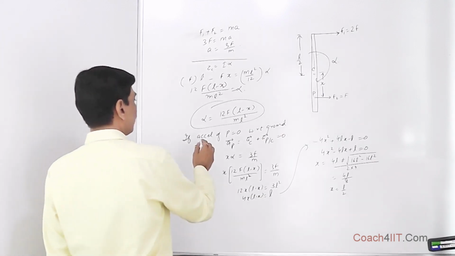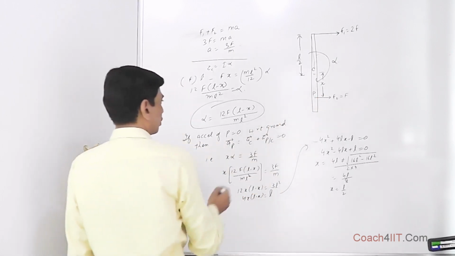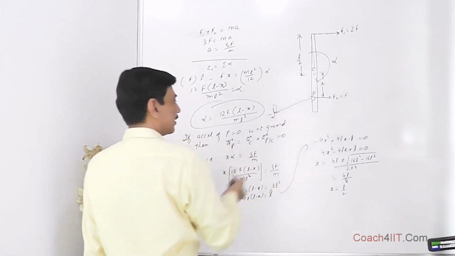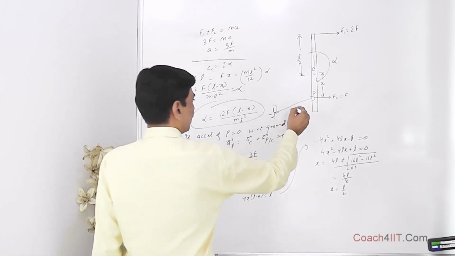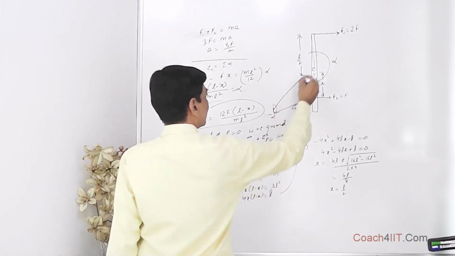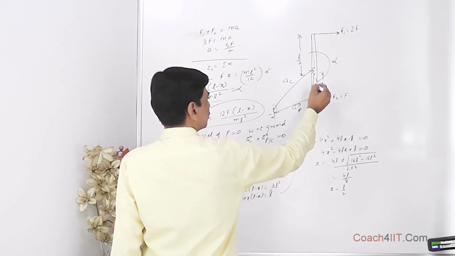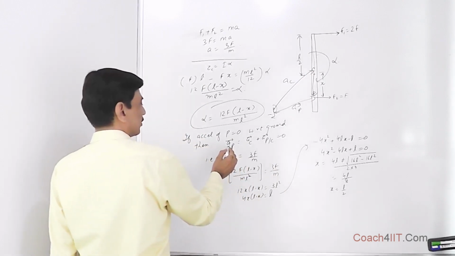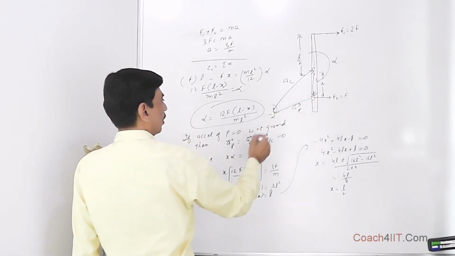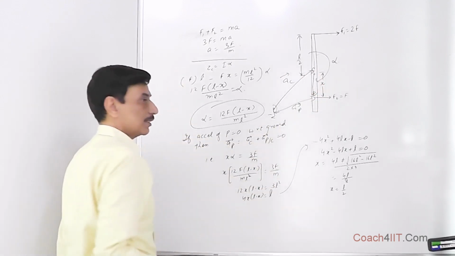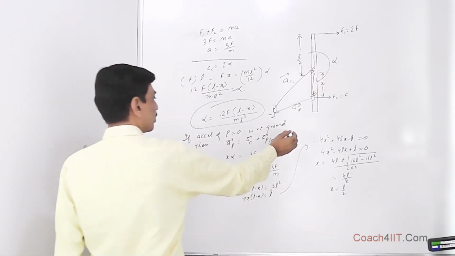Using the triangle of acceleration, this is the acceleration of P, this is the acceleration of C with respect to the ground, and this is the acceleration of P with respect to C. That is, acceleration of P is the vector sum of AC plus A of P with respect to C, and that should be equal to 0.